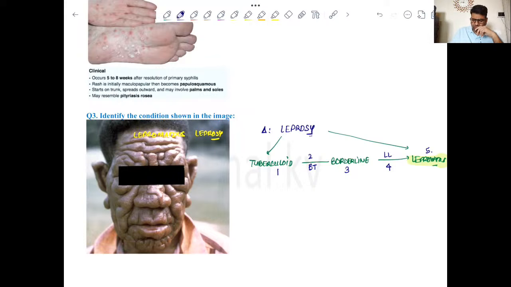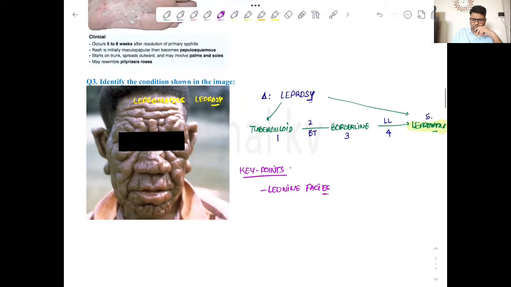This is very easy to identify. You can see the classical leonine facies, okay? So if you write key points here: leonine facies. We can see nodularity of skin, right? You can see here thickening, nodularity.